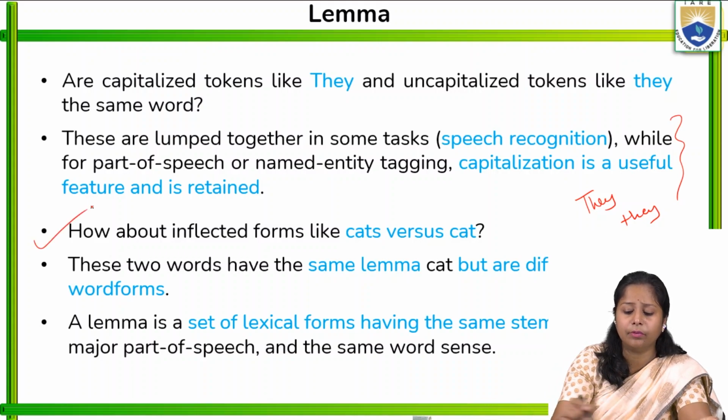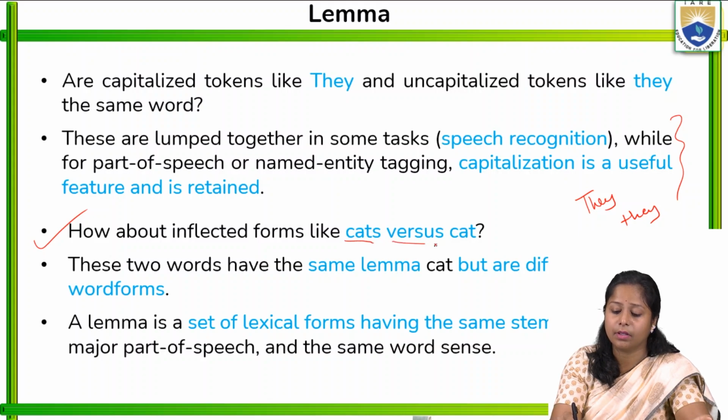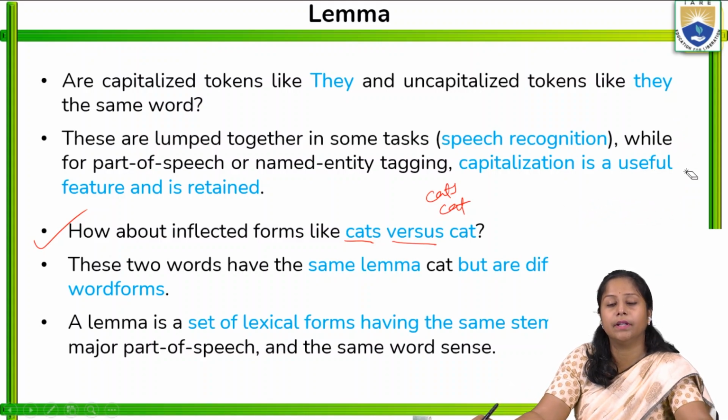So how about inflected word forms like cats versus cat? If cats appear and we need to categorize them with cat from different paragraphs and sentences, we need to recognize that, whatever the NLTK or related NLP library does.